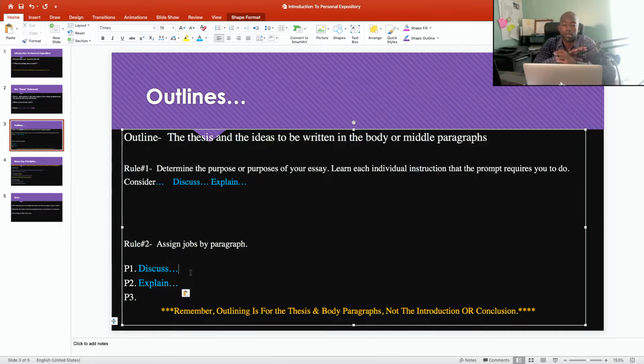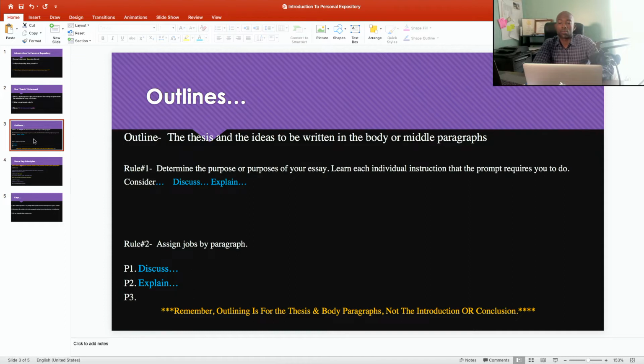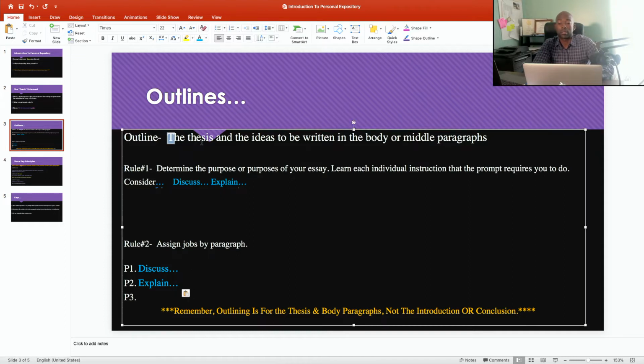Okay, so just reviewing that. This is just a review reminder so that when I get to the actual writing assignment itself, it's clear what I'm doing when I outline. Okay, so that's what outlining is. It just includes the thesis statement. So we write the thesis, and then we give each paragraph a job.